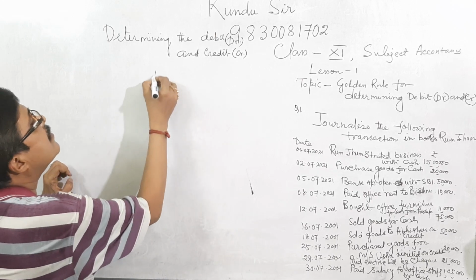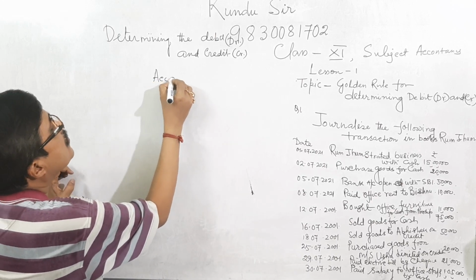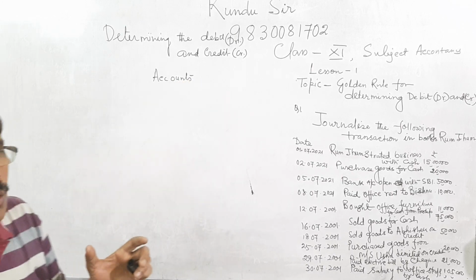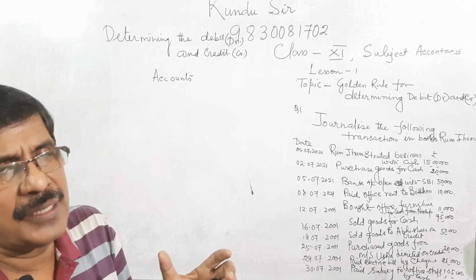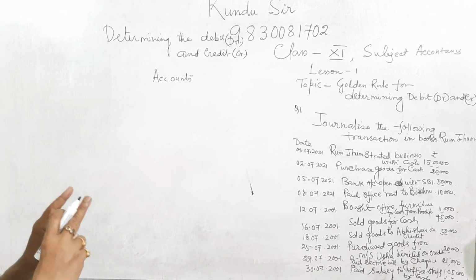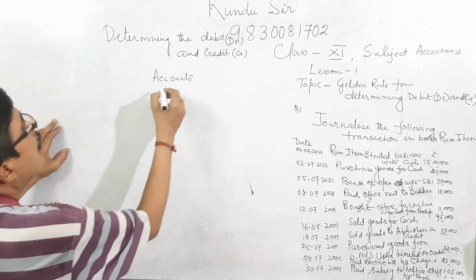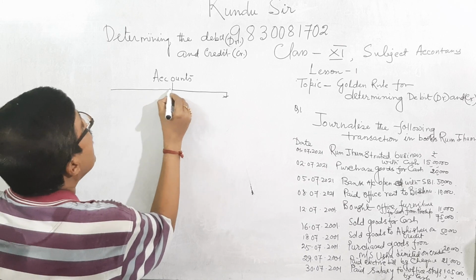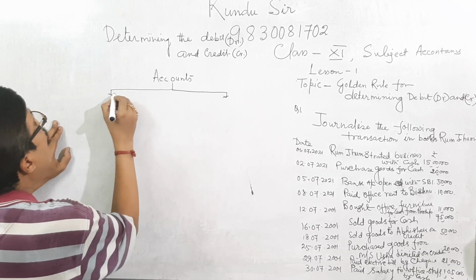First of all, we are going to classify the accounts under two broad heads. We are bifurcating the accounts.